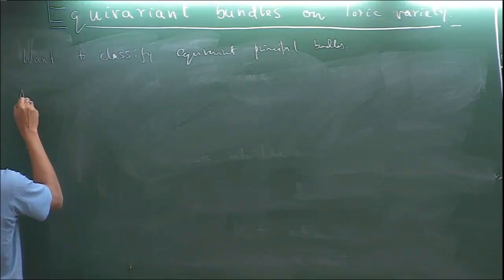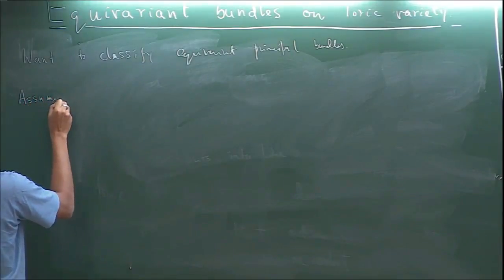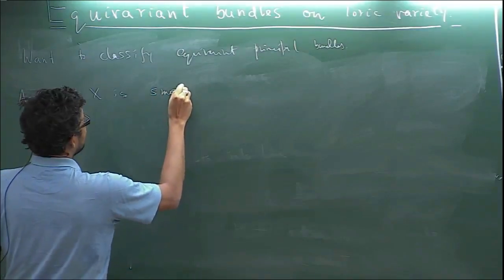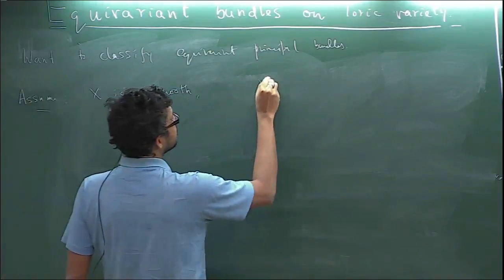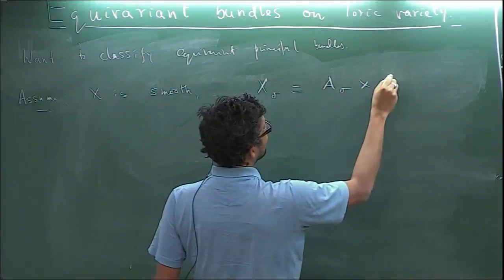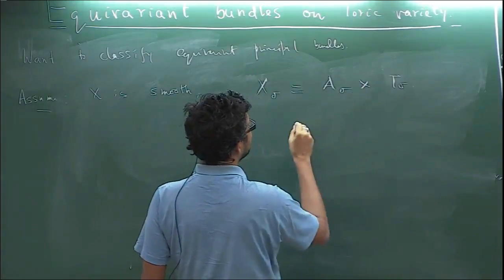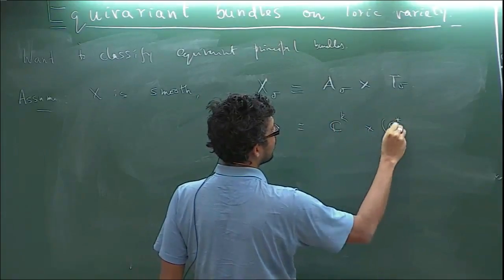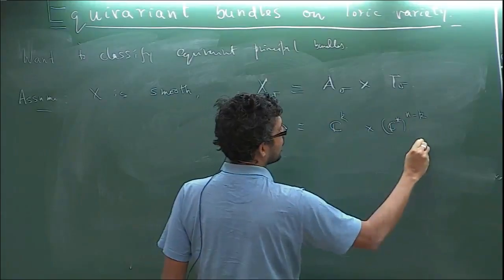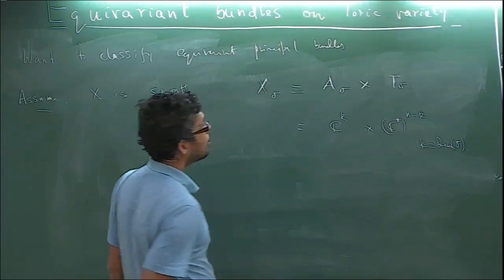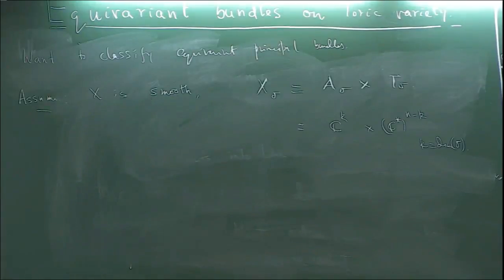So we assume X is smooth. That means that X sigma is A sigma cross T sigma. So this is C to the K, and this is C star to the n minus K, where K is the dimension of sigma.